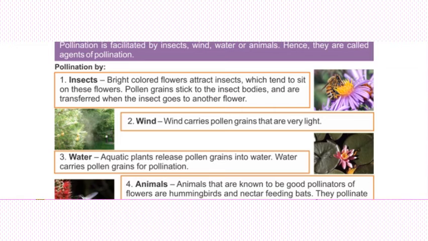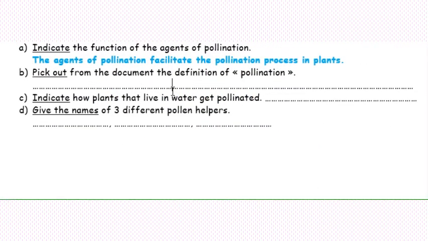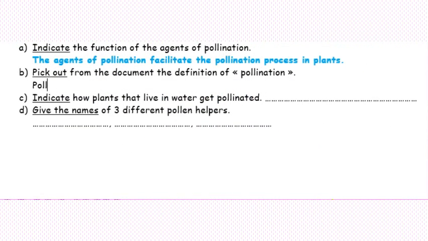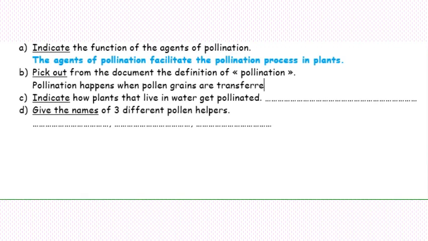So, pollination is when pollen grains are transferred from a flower to another flower. So I'm gonna write it here. Pollination happens when pollen grains are transferred from a flower to another, or sometimes in the same flower.